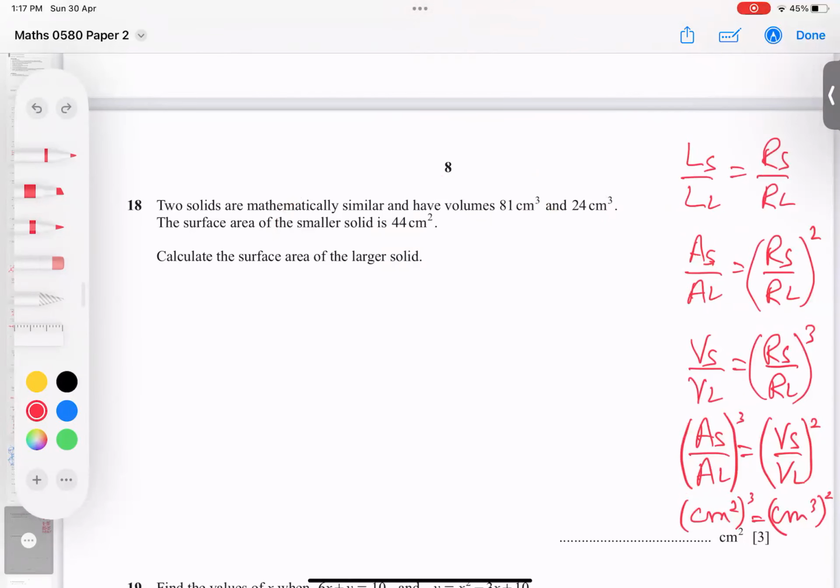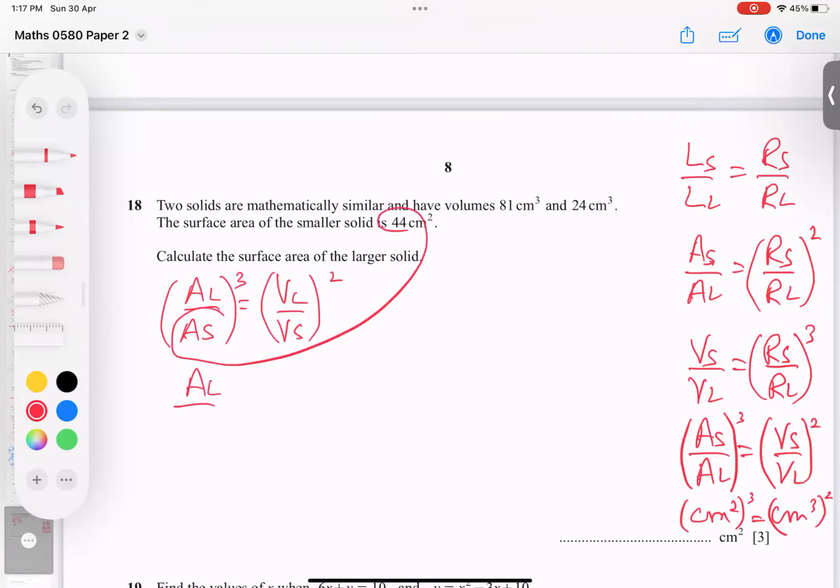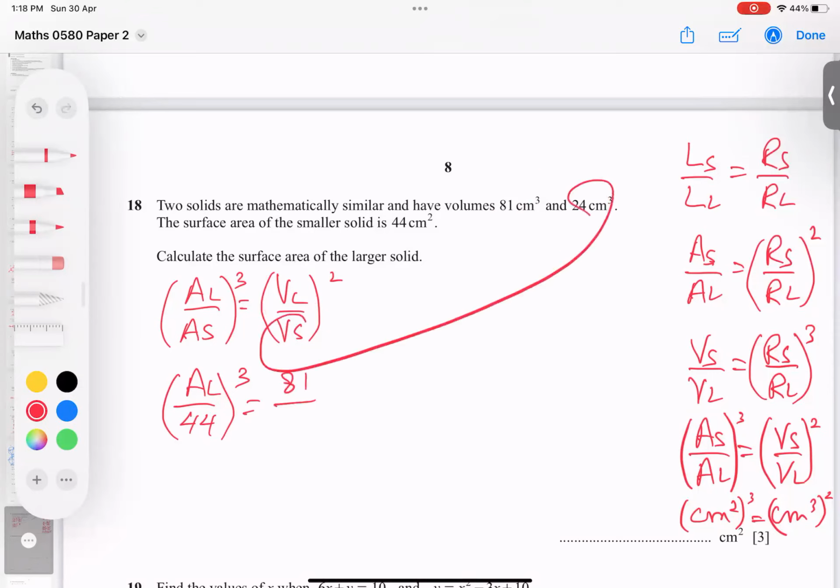Okay, so let's start. The area of the larger solid is the objective, so I will flip both sides. It means area of large by area of small, volume of large by volume of small, and for area I will put a cube, and for volume put a square. Area of large over area of small is x over 44. Volume of large is 81, and volume of small is 24, and put power 2.